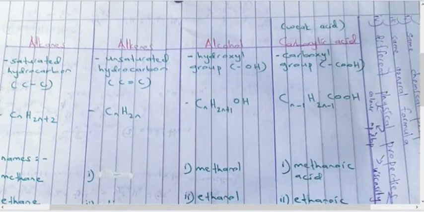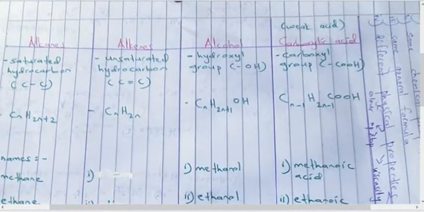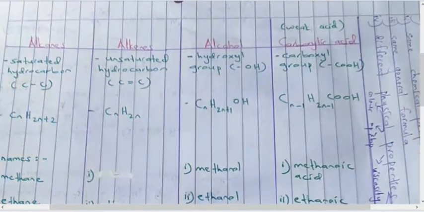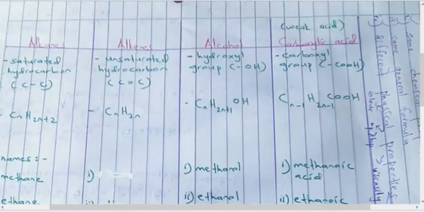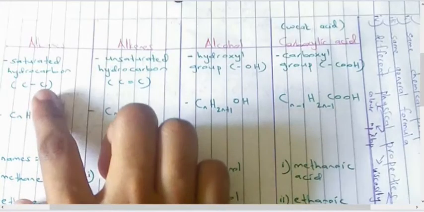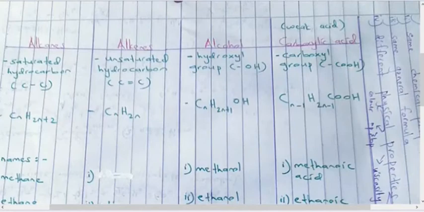The first thing that I told you was that each member in the homologous series will have the same functional group. For example, alkanes, their functional group is saturated hydrocarbon. Basically, they don't really have a functional group, but this is like their identity.